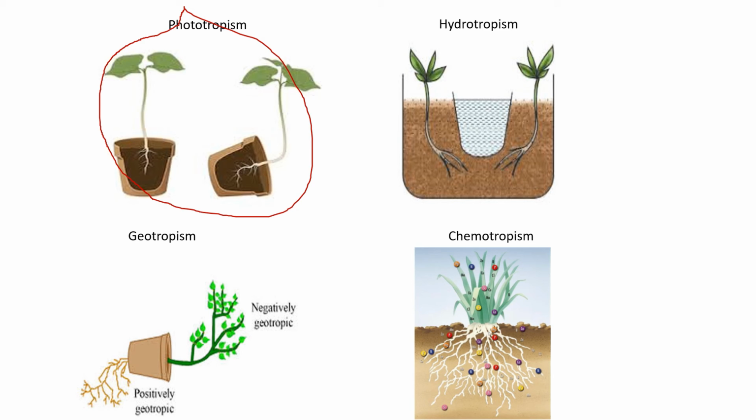And chemotropism is mostly exhibited by roots of the plant, in which the plant requires different minerals and nutrients that are extracted from the soil through the roots. So chemotropism is mostly exhibited, but not always, by the roots of the plant.